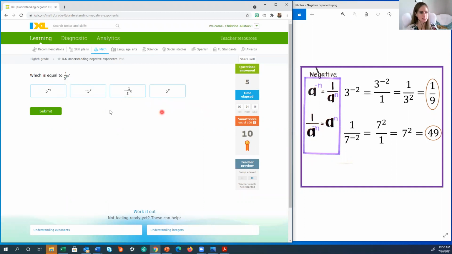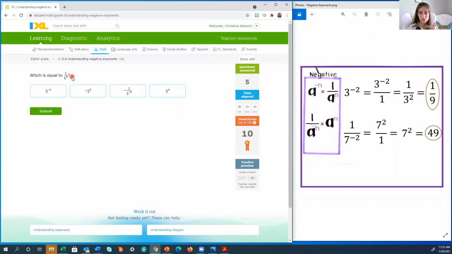All right, let's try another one of these. Which is equal to 1 over 5 to the 9th? Well, this time, I don't see a negative exponent in my initial problem, but I see quite a few negatives down below. So let's take our original problem, and I know that I said you don't want your final answer to be a negative exponent, and that's true when you're evaluating.